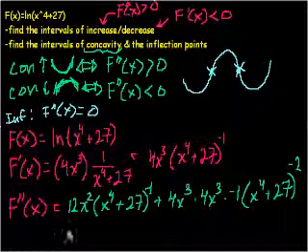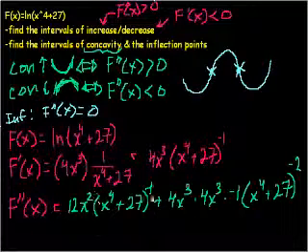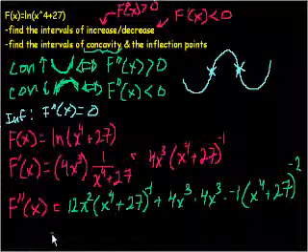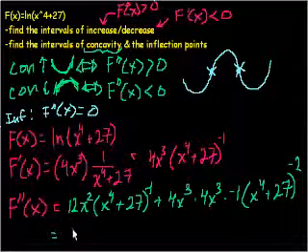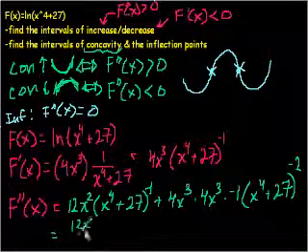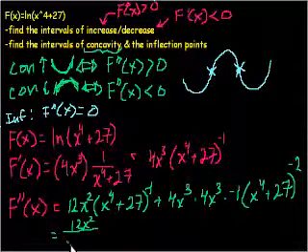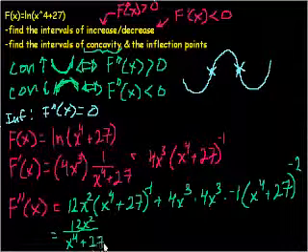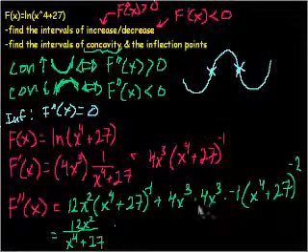So this is equal to, and now since we have taken our derivatives, we can now write it without negative exponents. I think that'll make things a little easier. So that equals 12x squared over x to the fourth plus 27, plus, or maybe I should say minus, right? Because this is minus times 4 times 4.